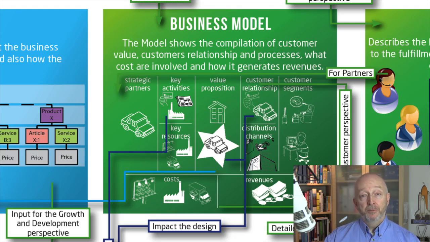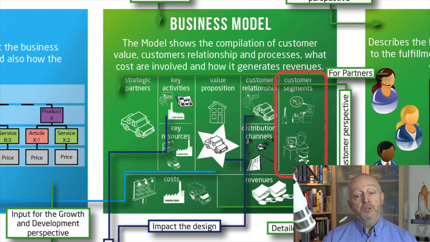We have a couple of these components in this chart that connect to a lot of the other components. And we talked about the value proposition in the earlier video. But today I want to talk to you about the customer segments. And how do you get into what segments, what customers do you have?